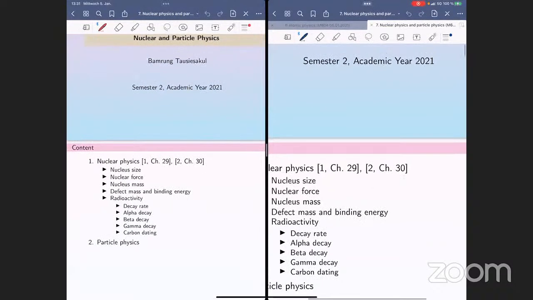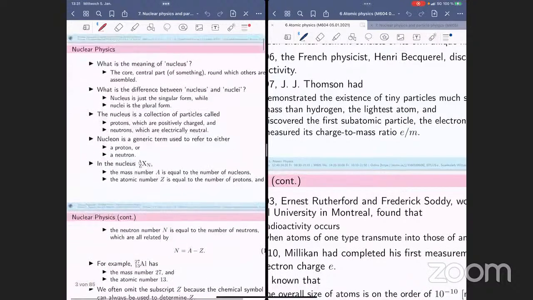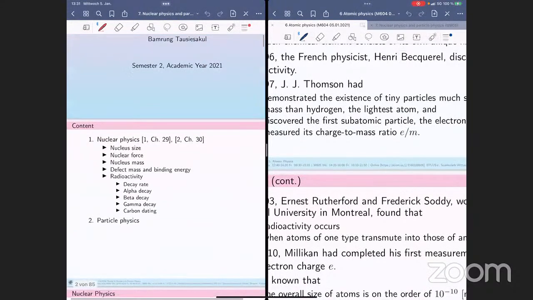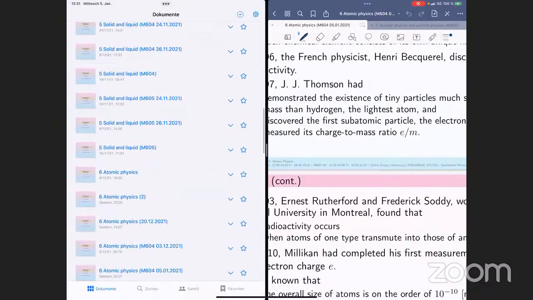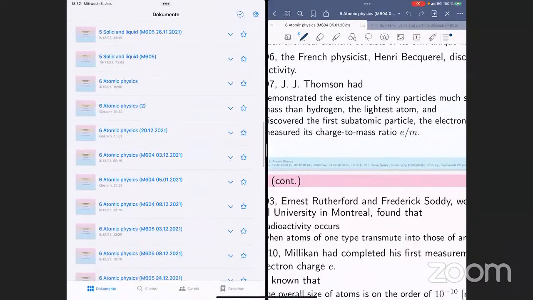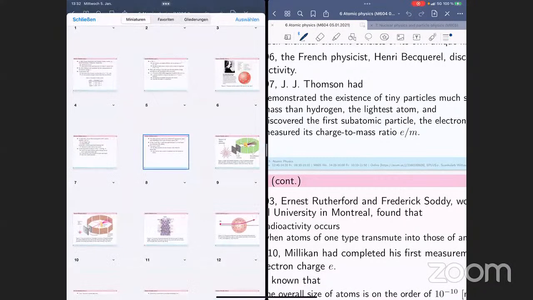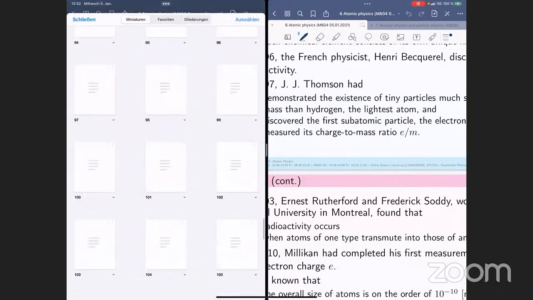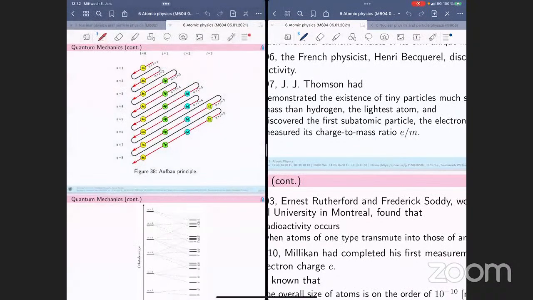Here you arrive at the Aufbau principle. We are at the Aufbau principle, in section 6, atomic physics. This one here, the Aufbau principle.